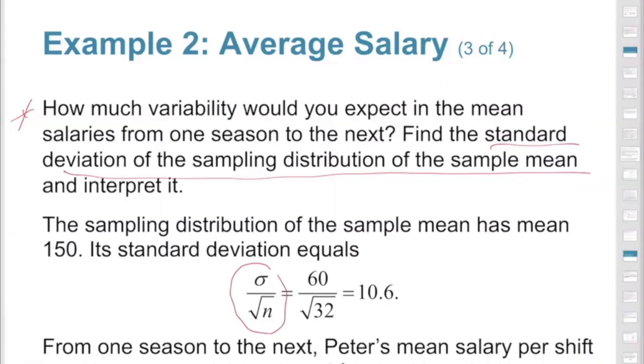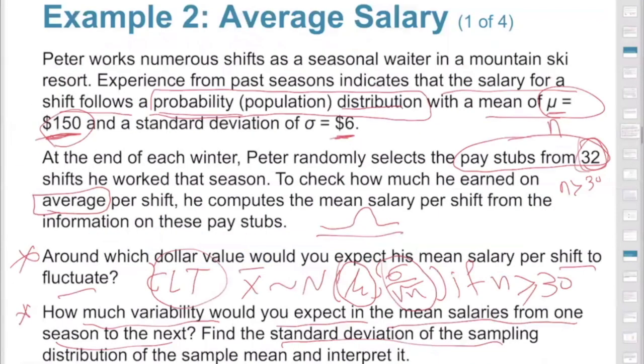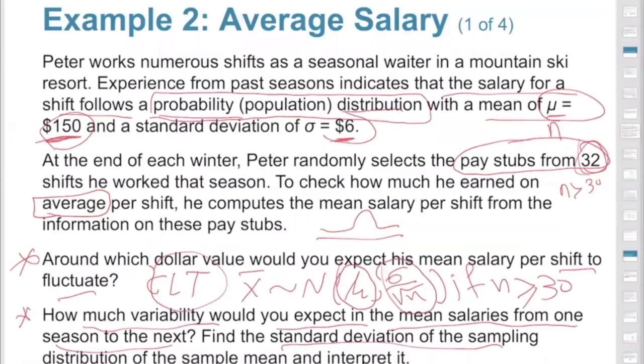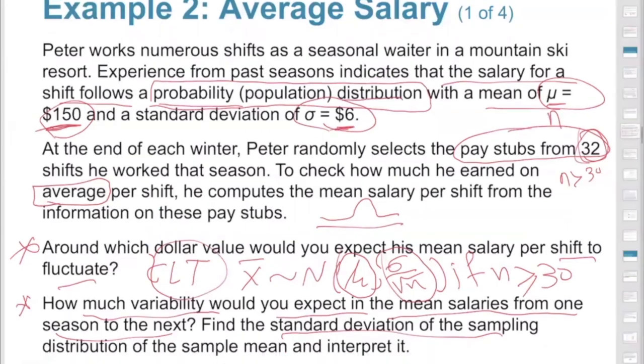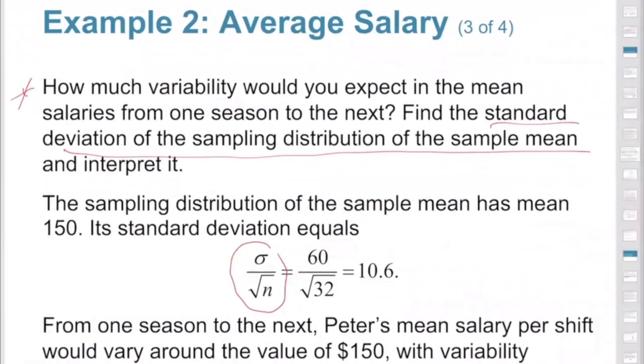Do you have sigma? Yes, the population distribution says sigma is equal to $6. And we have n, the sample size, 32.